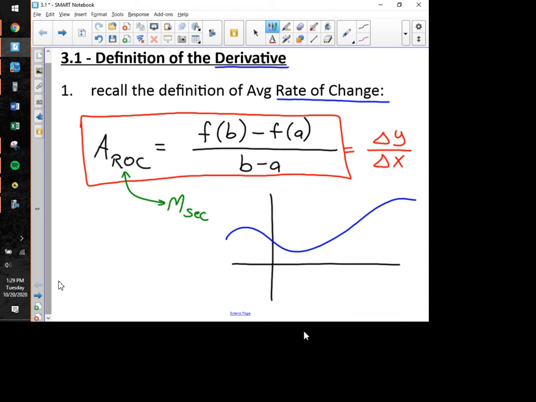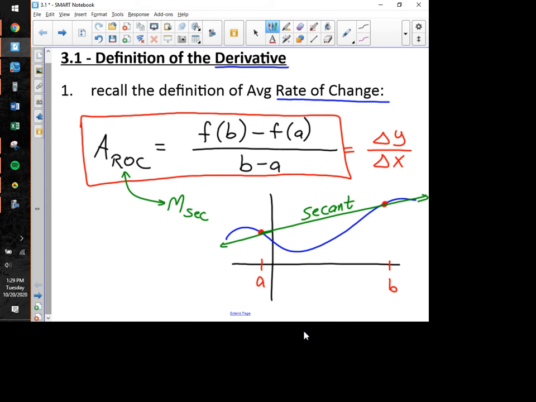So maybe just randomly we would choose one right here and let that x value be a, and then another one somewhere else at an x value of b. And the line that was formed, I usually did this in green, the line that was formed by those two data points on that curve was a secant line.